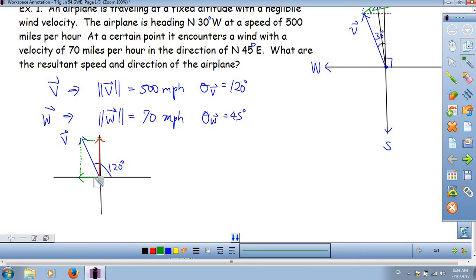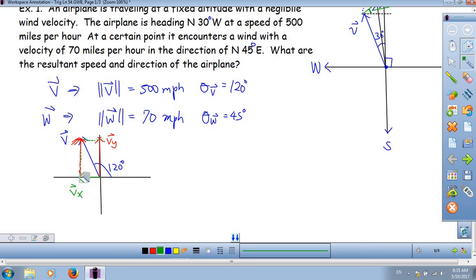How do we get the x component? The red vector is also equivalent to here, so I can put the y component here. This is Vy, and this is Vx.